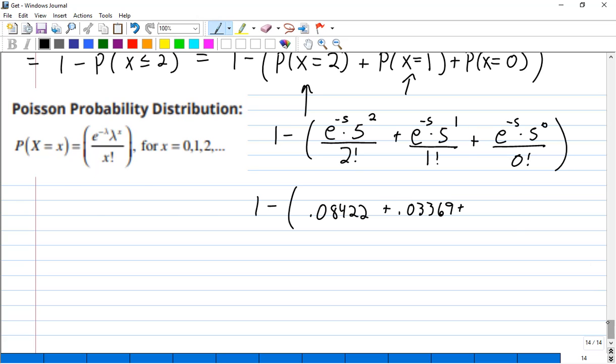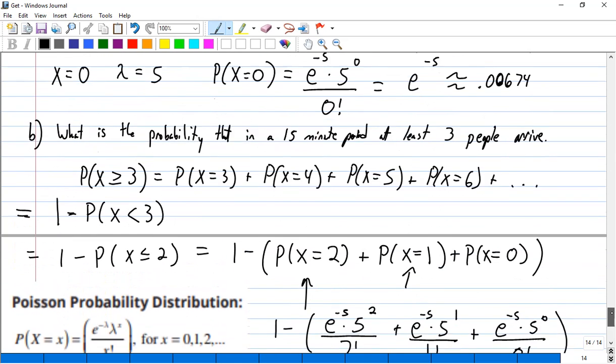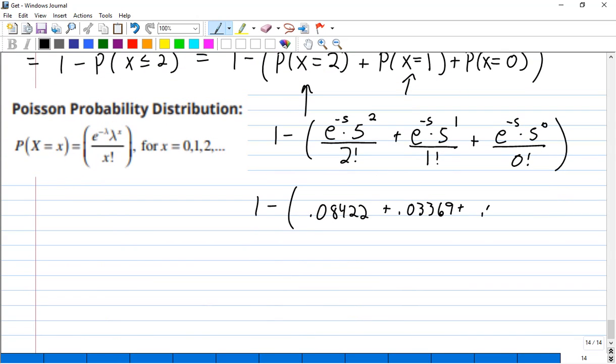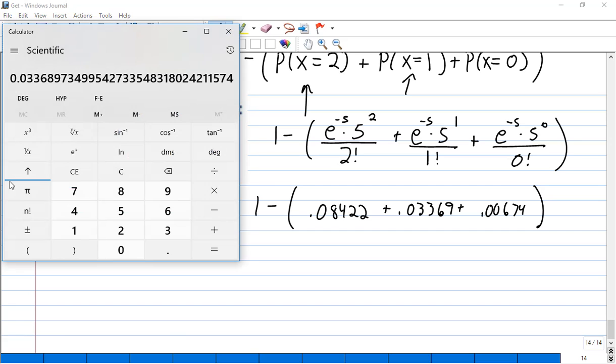Plus, and we figured out the other one, no use in doing it again, 0.00674. Alright, so I need to add those 3 together and subtract them from 1.